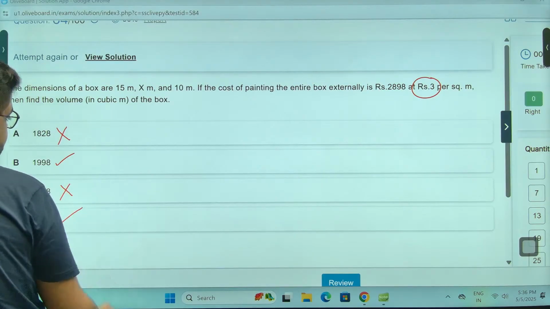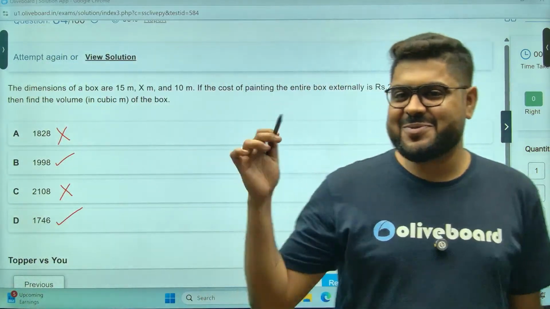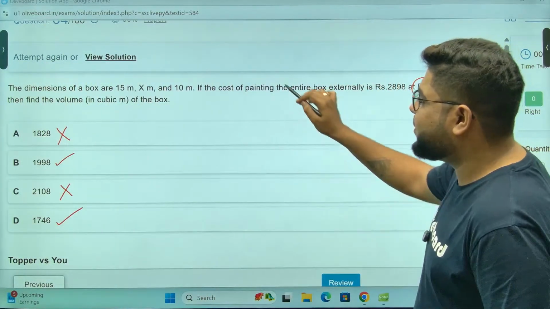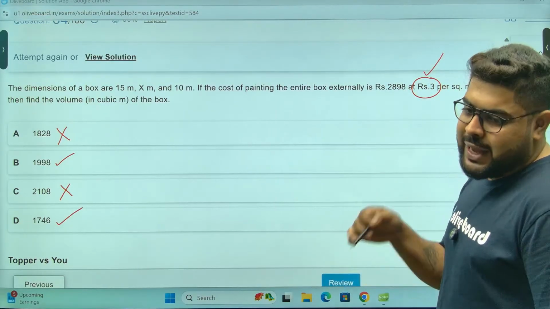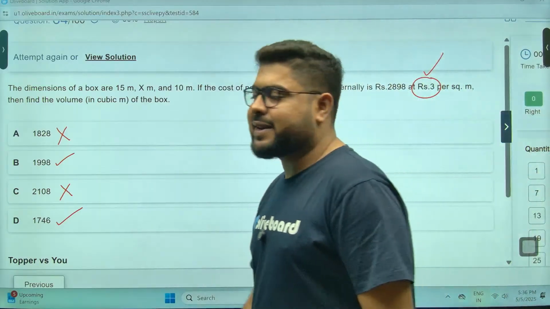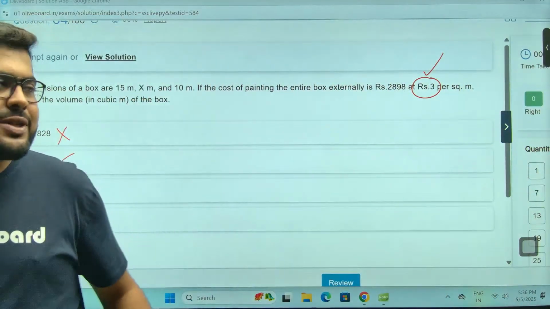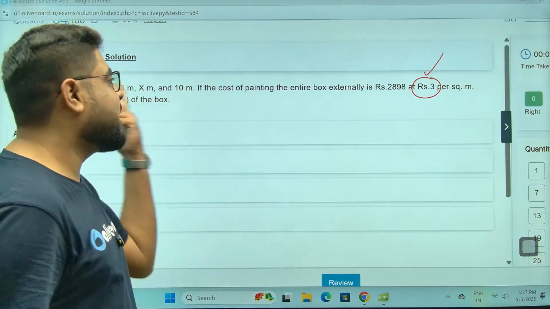Oh sorry, it got messed up. So again, no shortcut. Please understand, because whatever is the area into rupees 3, my answer has to be a multiple of 3. So I had expected that this would work. But again, the options are blocking our approach. So then what to do? Do the full calculation.